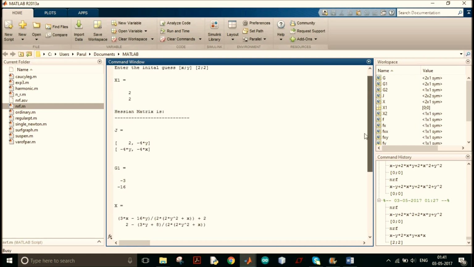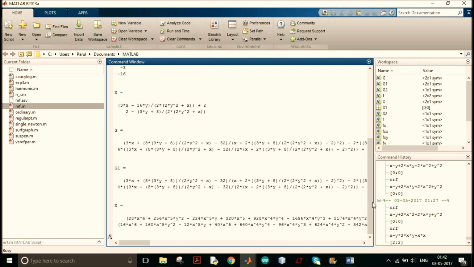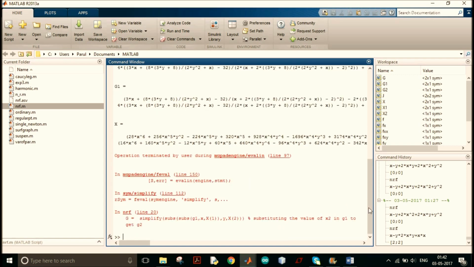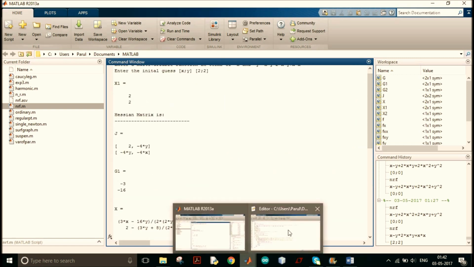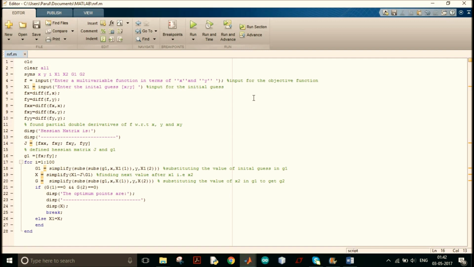And see the length of x, one of the iteration steps. So this is the case where the Newton-Raphson method fails, when there is no point where the solution can be obtained. So that is why I terminated this program.